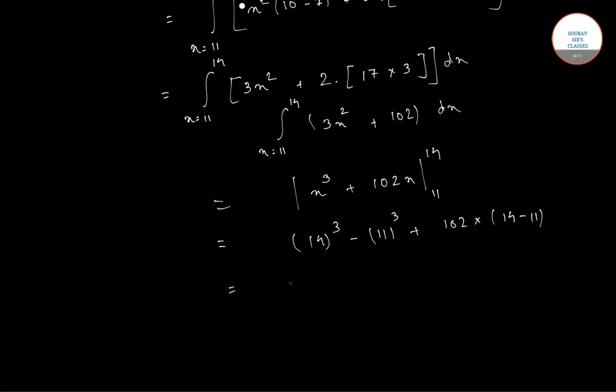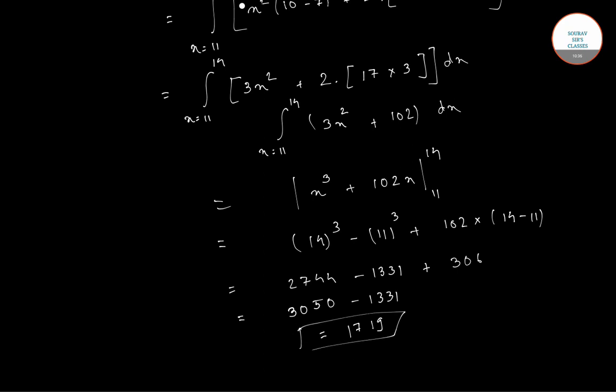So this equals 2744 minus 1331 plus 102 into 3, which equals 306. So this equals 3050 minus 1331, which equals 1719. So the answer equals 1719.